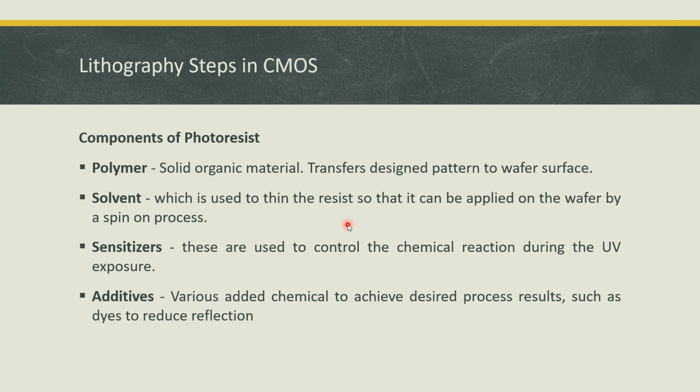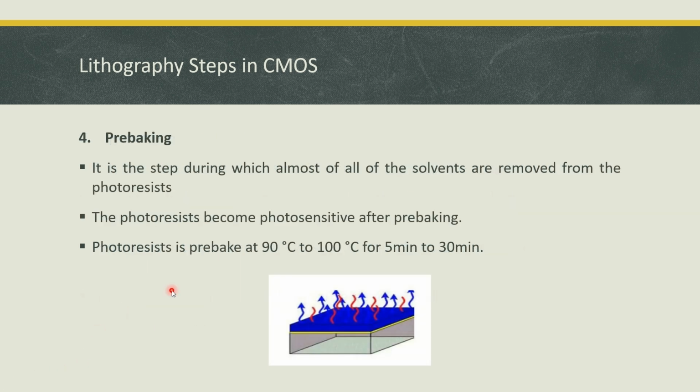The third one is the sensitizer, which is used to control the chemical reaction during the UV exposure. The fourth is the additive. Additives are various added chemicals to achieve the desired process result, such as dyes, which are used to reduce the reflection in the photoresist.